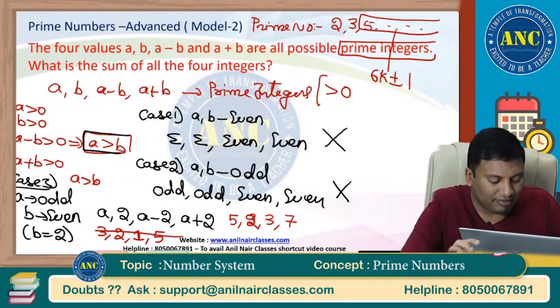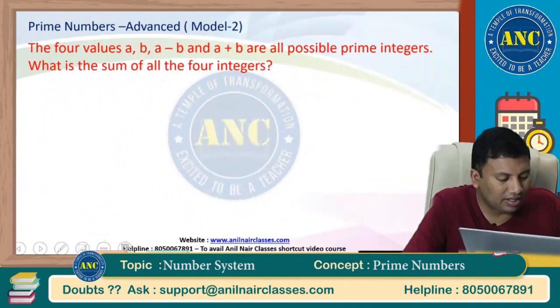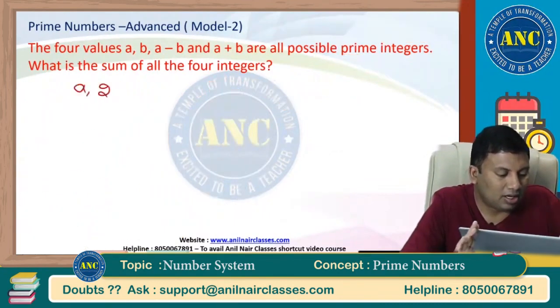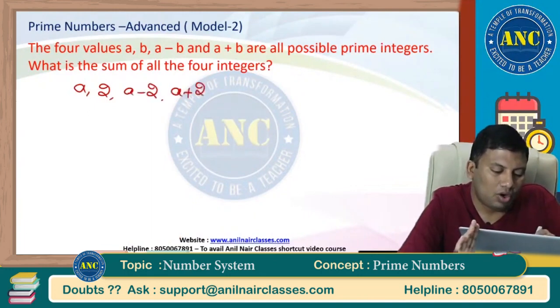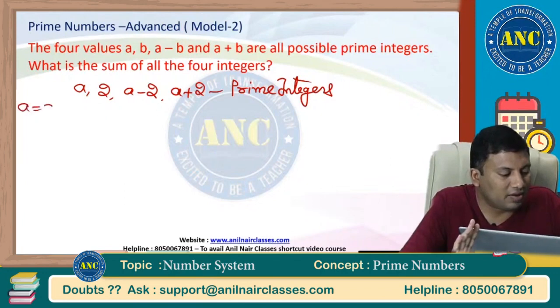Suppose you take 5, which is of the form 6 into 1 minus 1. Let me write down here: A, 2, A minus 2 and A plus 2. All are prime integers. So we took A equal to 3: 3, 2, 3 minus 2, 3 plus 2.